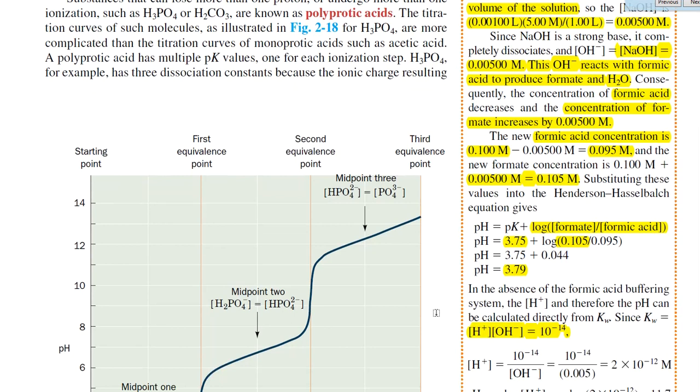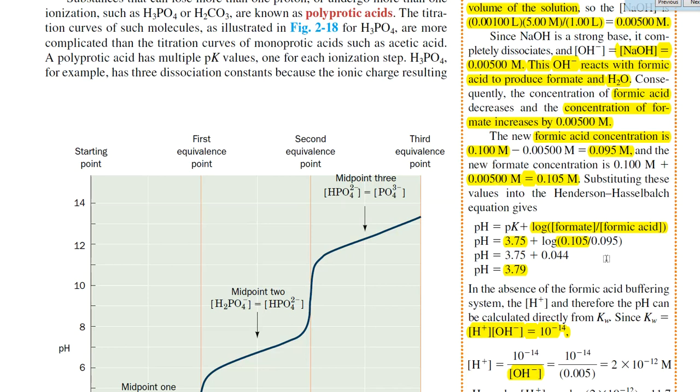So to find H plus we can calculate it, since we know the OH minus concentration. If formic acid were not in the picture, we could have found the pH from Kw.